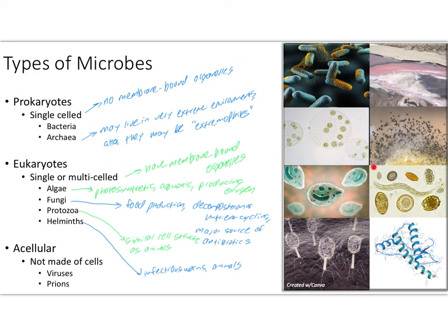And so while we can find infections caused by helminths outside of the tropical region, most of the time infections caused by helminths are found in the tropics of the world.